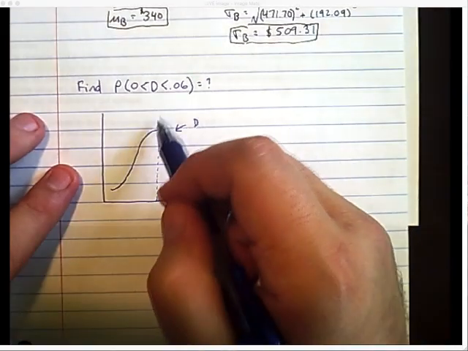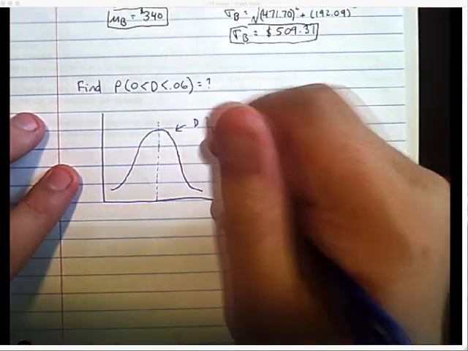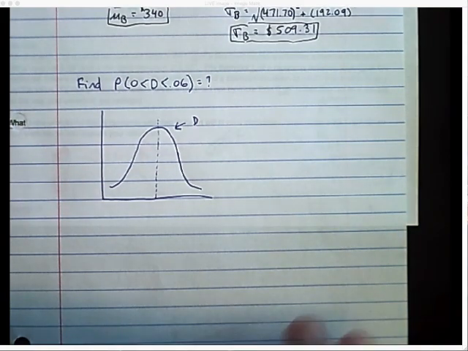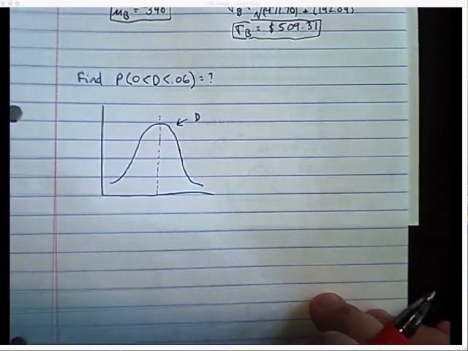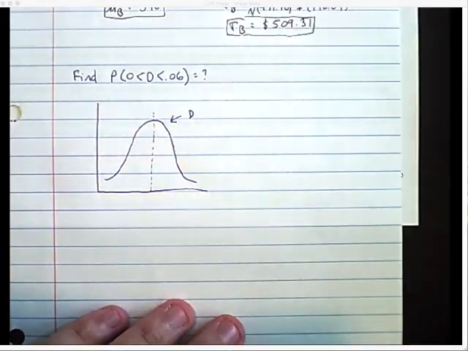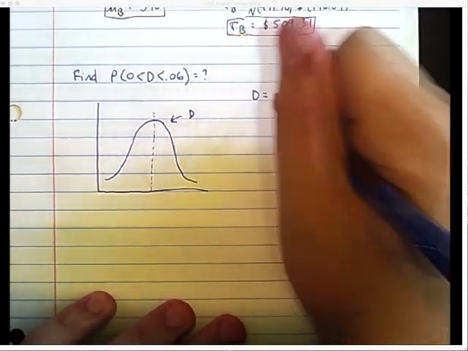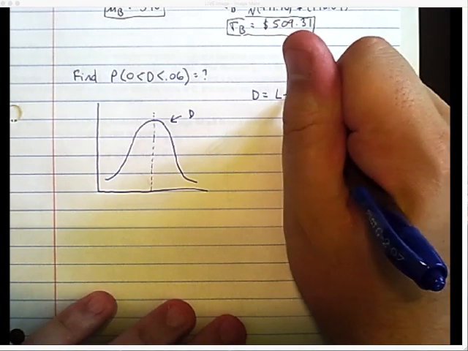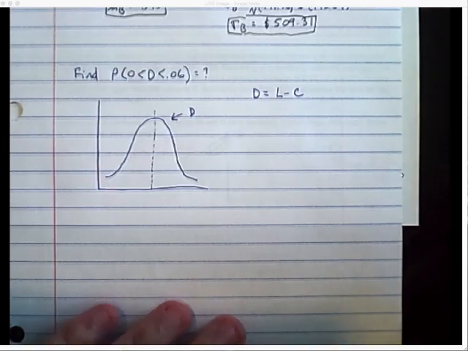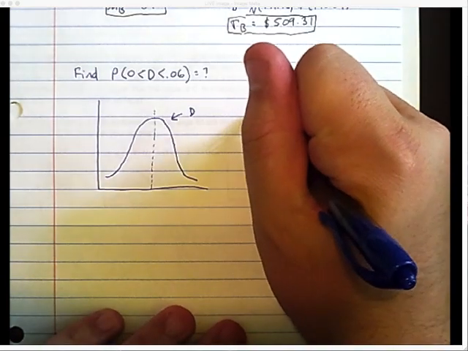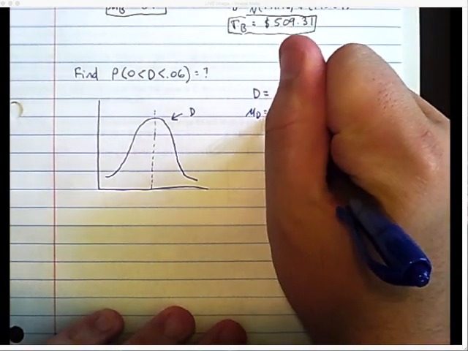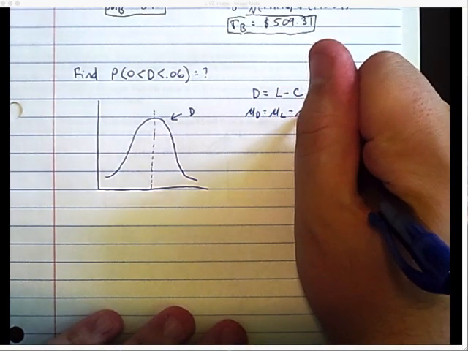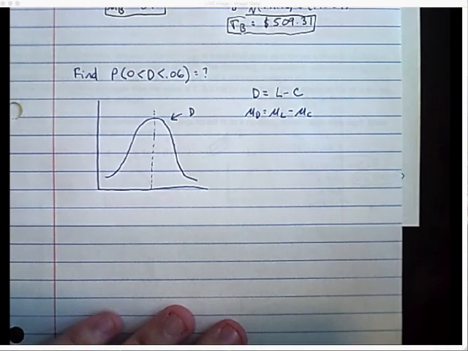So I need to find information about this difference curve. Let's go back to what the problem told me. I defined my difference as the size of the lid minus the size of the cup. So to find the mean difference, we would take the mean lid diameter minus the mean cup diameter.